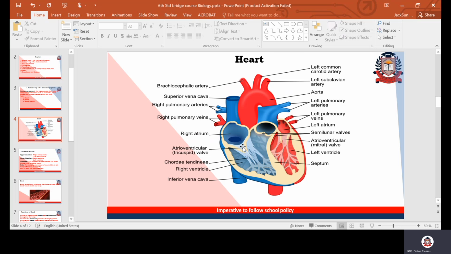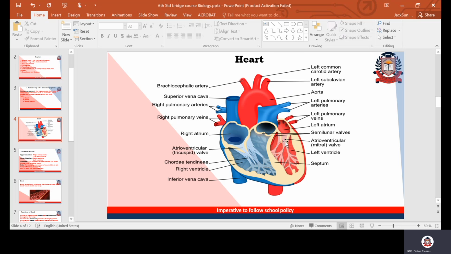And the blood from different parts of the body reaches the heart, to one chamber of the heart known as the right atrium, and it then passes to the right ventricle.